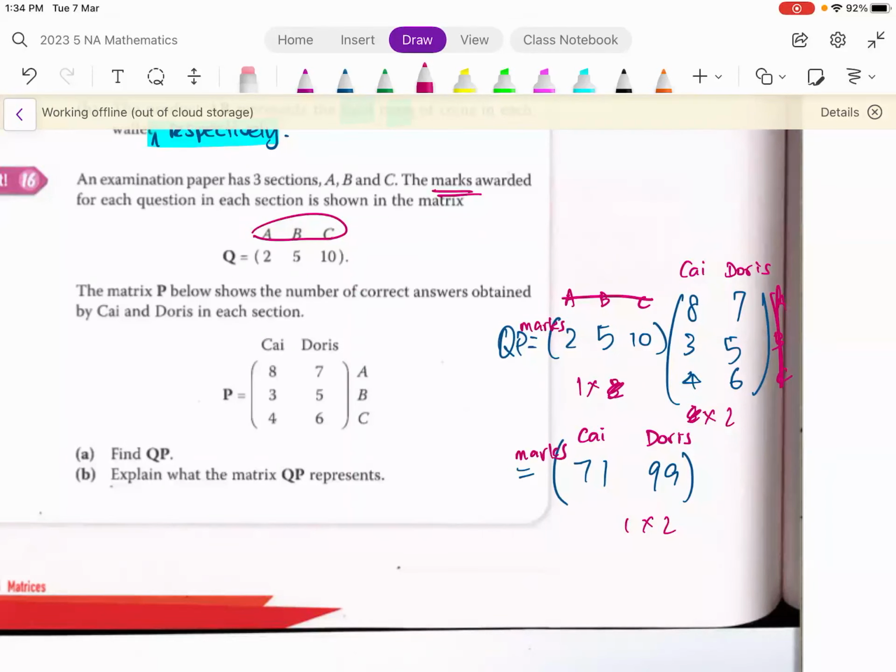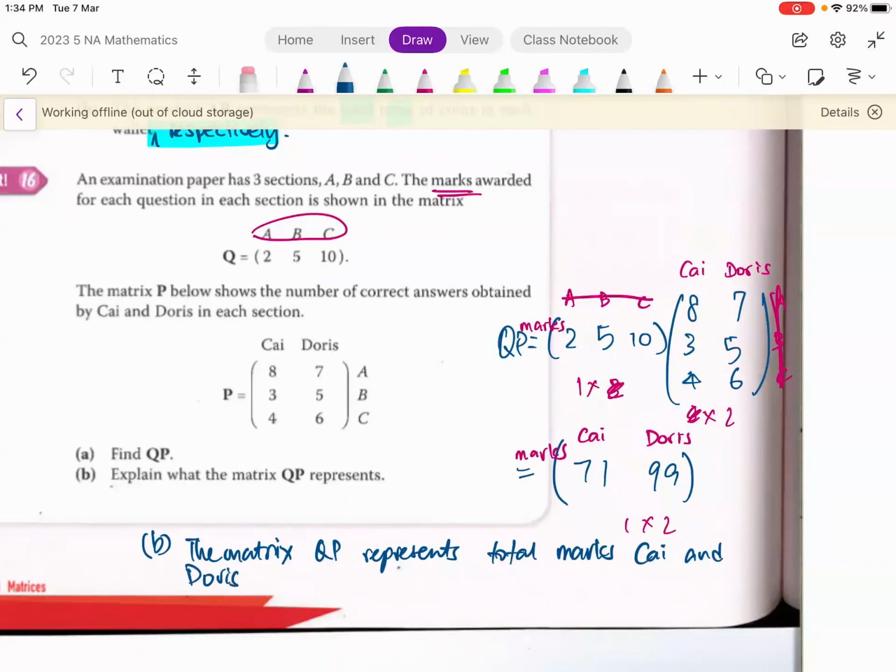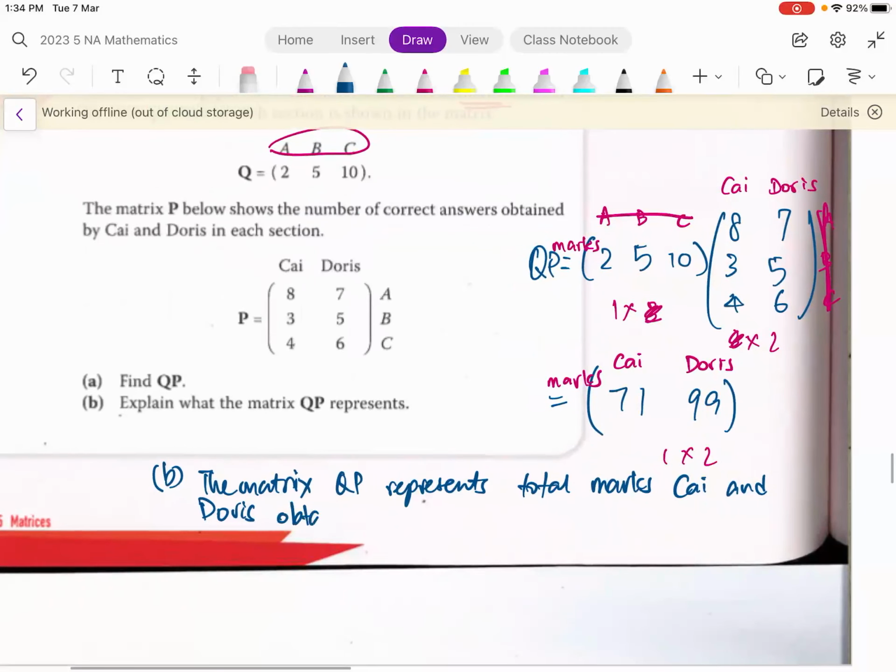So here, our answer for part B, the elements represent... the matrix QP represents total marks Thai and Doris obtained respectively. So I don't need to talk about A, B, C anymore, because it disappeared already.